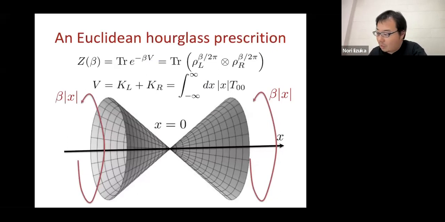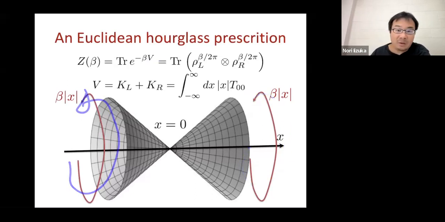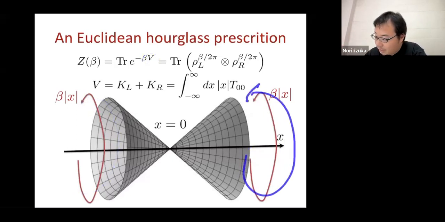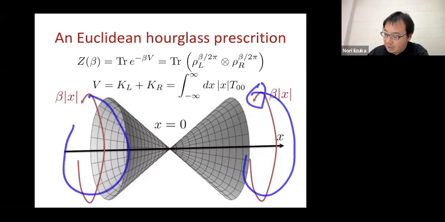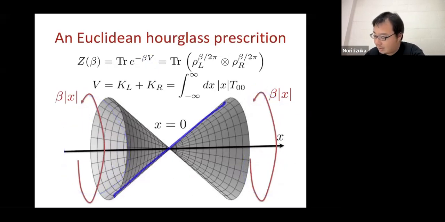We put the field theory on two cones. One is beta and the other is beta, but with the same direction for the case of V. For the case of K, as I said, one goes in this direction, but the other goes the opposite way. Let me show you; this is what K is.